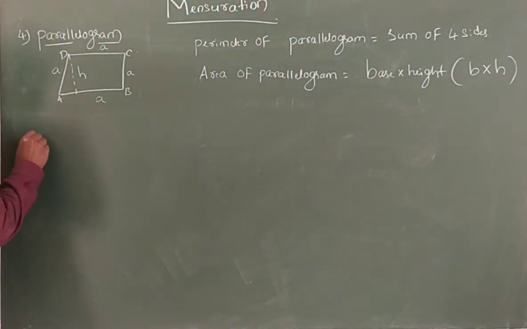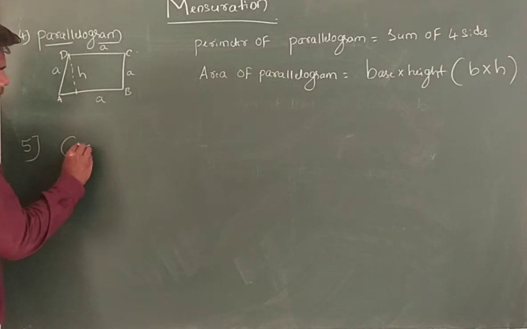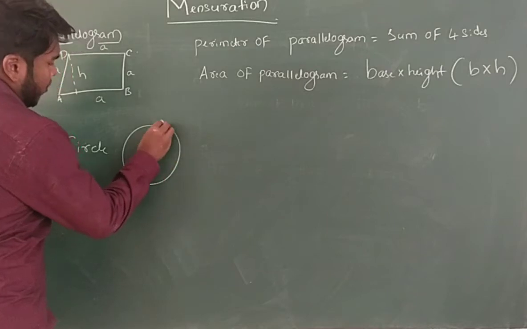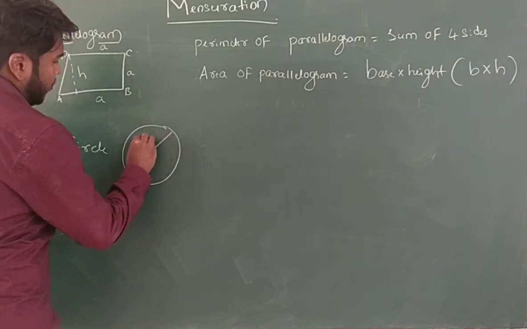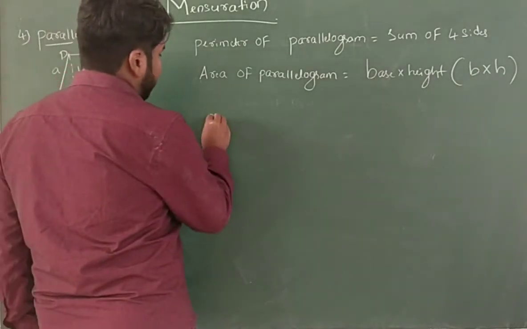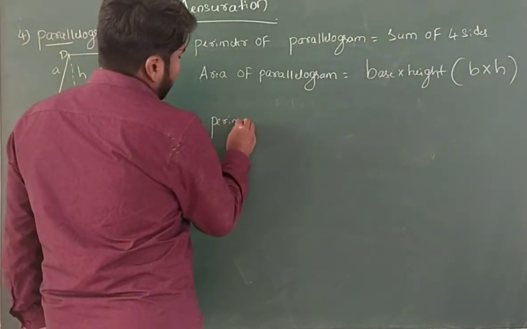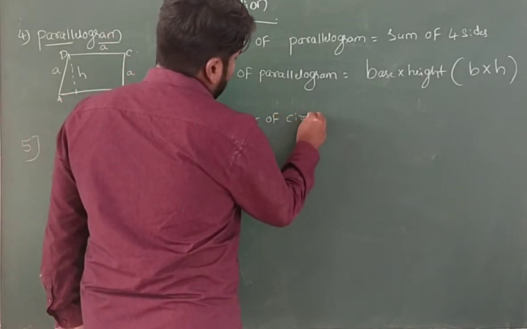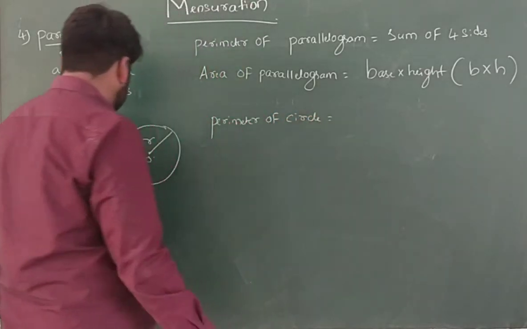That is fifth one you are having as circle. Okay, so circle you can draw. So this is R, this is center O. What we can write the perimeter of circle?